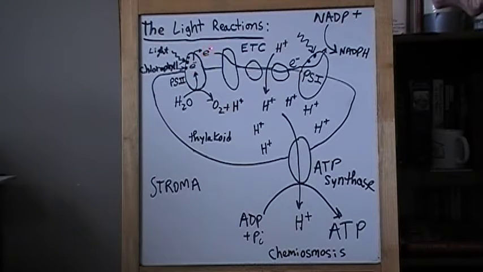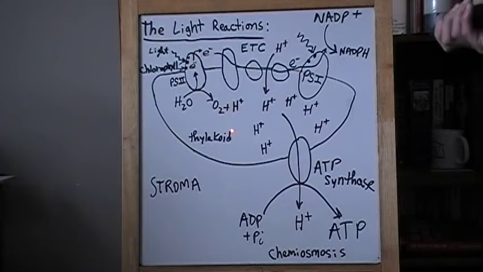And next, the electrons get transferred to a series of proteins called the electron transport chain. As the electrons are transferred to these proteins, they can utilize the energy in the electron to pump hydrogen ions across the thylakoid membrane from the stroma that's outside of the thylakoid to the inside of the thylakoid.